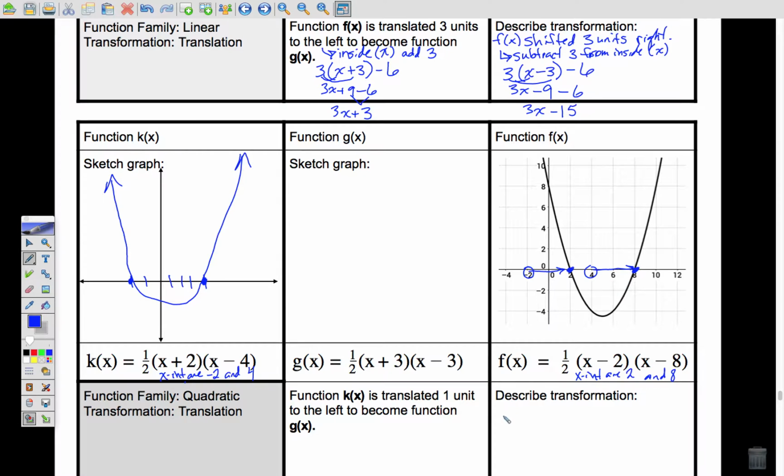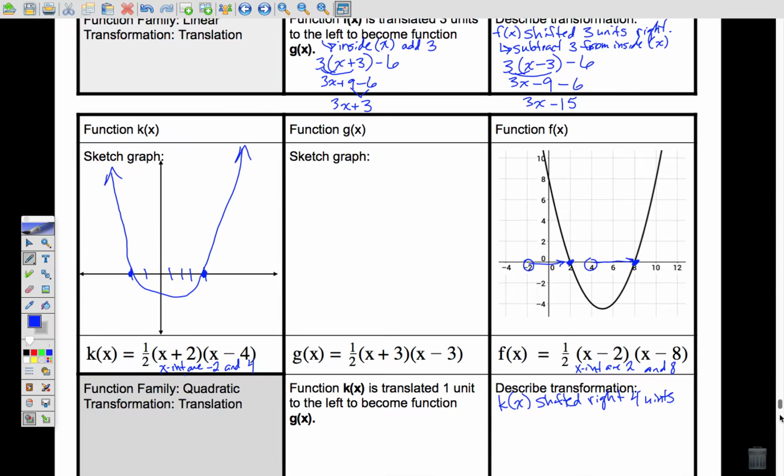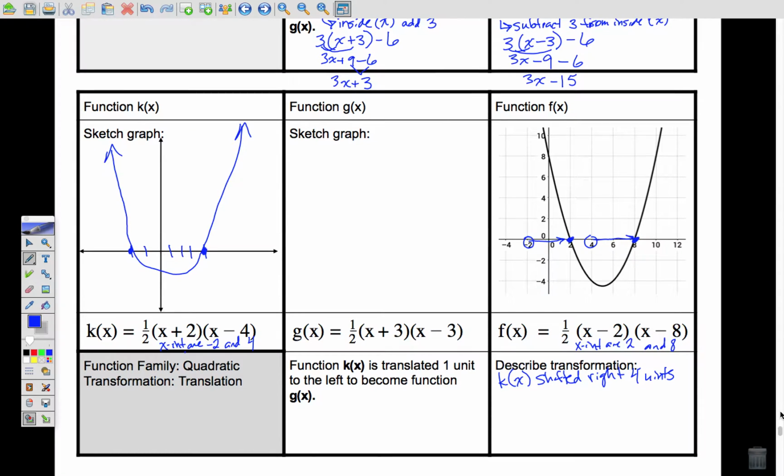So the transformation went from k of x was shifted right 4 units. And if I want to shift something right, then that's going to happen inside the parentheses, left and right, and to go right we actually subtract. So that means we would subtract 4 inside the parentheses with x.